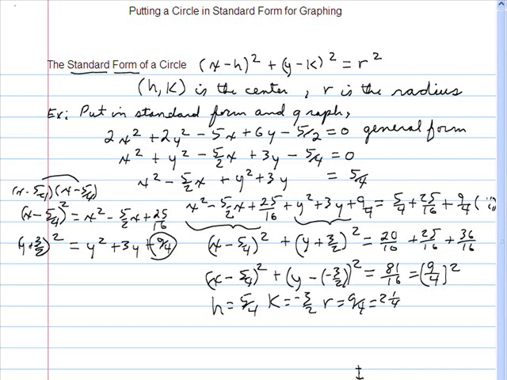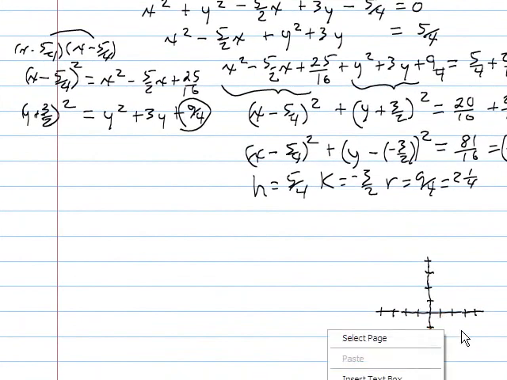So I come over here and I know that my x is 1 1/4. I'm going to move 1 1/4 units this way, and my y is negative 1.5, so I'm going to go 1.5 units down. That's going to put a dot right there. Now I know that my radius is 2 1/4. So I have to come out 1, 2, and another 4th here. I'm down 1.5, so if I come up to here, that's 1.5.